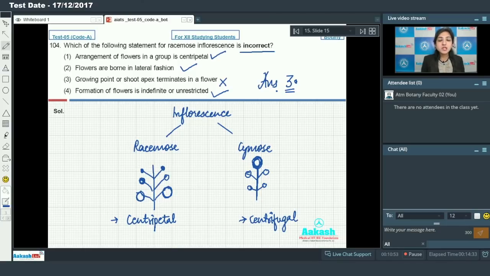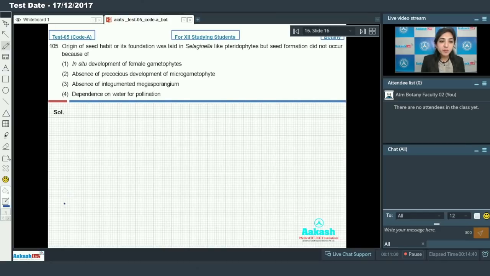Moving on to the next question, that is question number 105. Origin of seed habit or its foundation was laid in Selaginella like pteridophytes, but seed formation did not occur because of what happened? Selaginella, as we know, is a heterosporous pteridophyte.